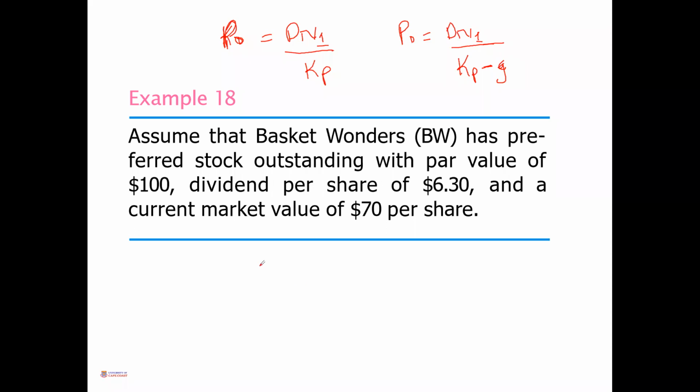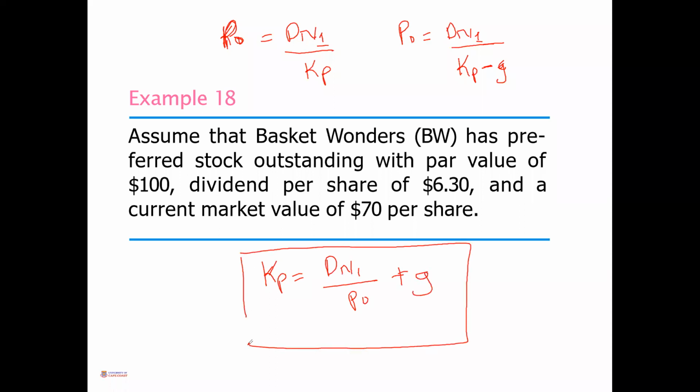But if you want to make cost of preference shares the subject when the dividend is growing, it becomes: cost of preference shares is equal to dividend 1 over the price, everything plus g. This becomes the formula. So this is the formula for cost of preference shares when the dividend is growing.